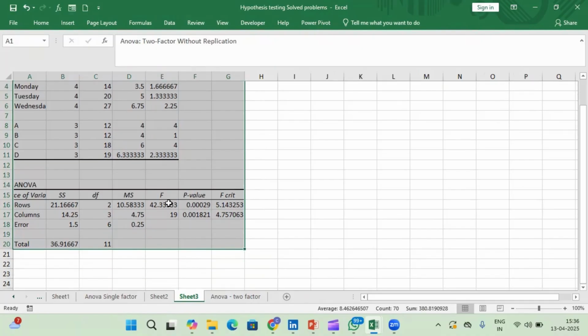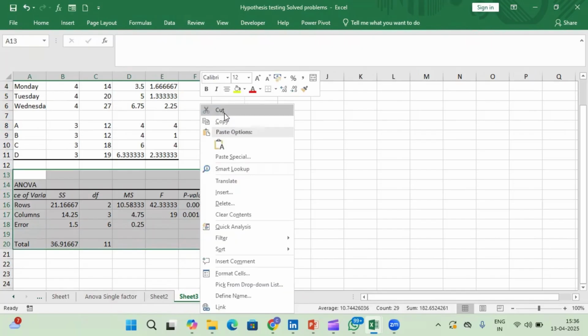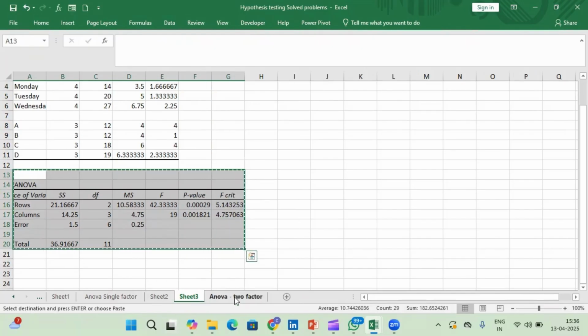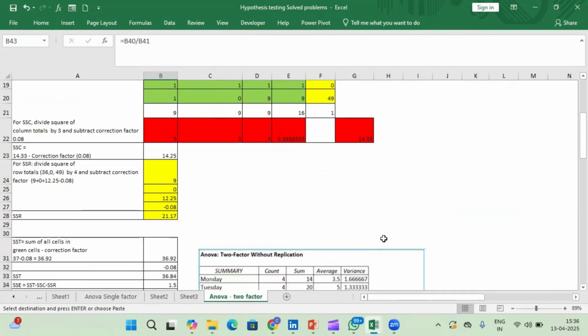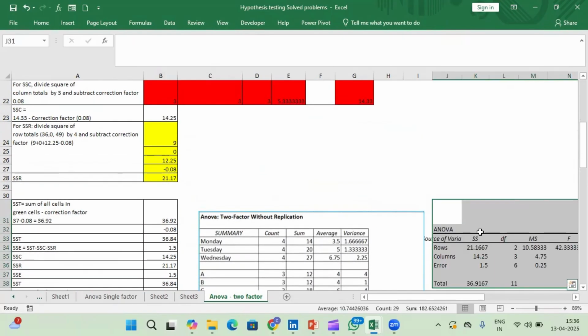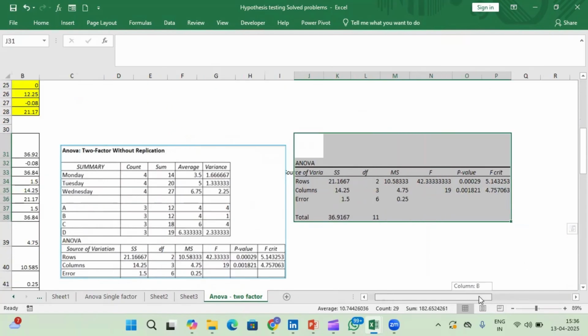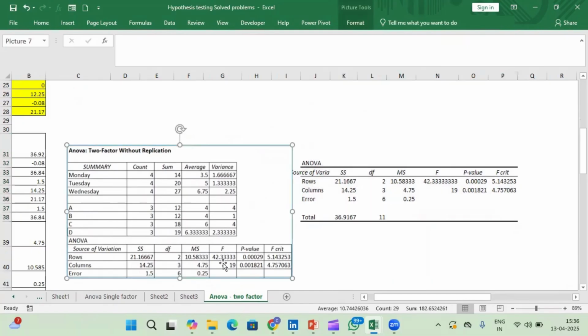Now compare this one. Let me copy this and paste it here. I had already done it, but this is just verification again. Let's see 42 and 19. Yes, I got 42 and 19 here also.